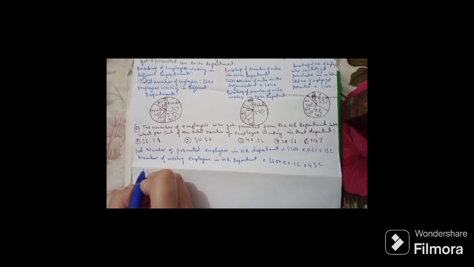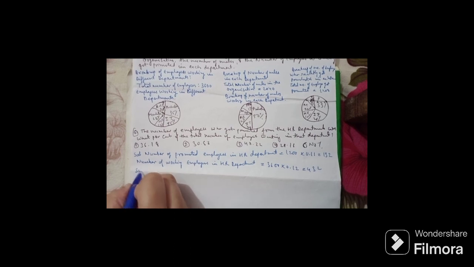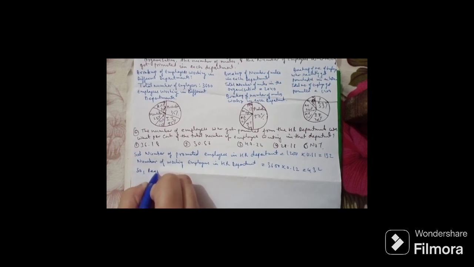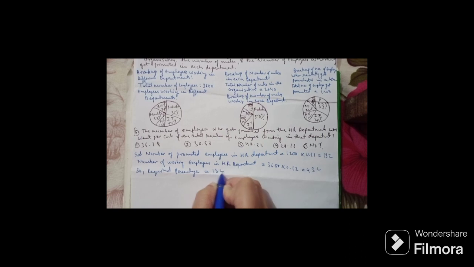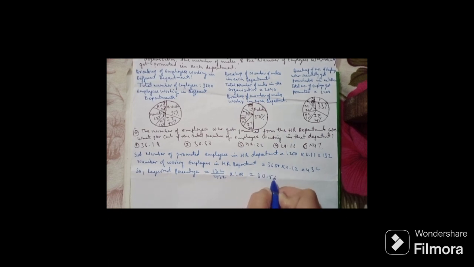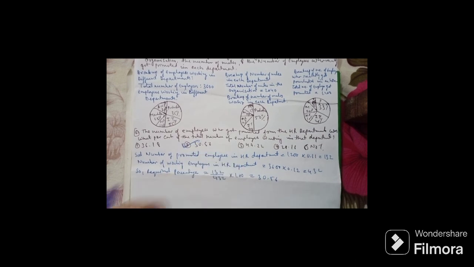So the required percentage equals 132 upon 432 into 100, which equals 30.56. So 30.56, option 2, is the right answer for this question.